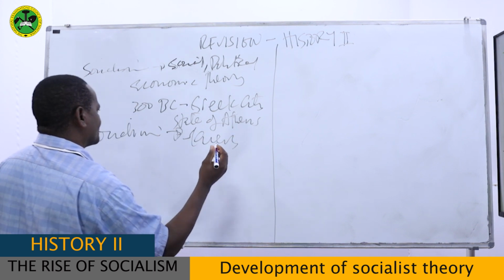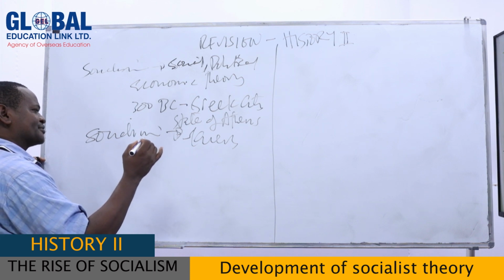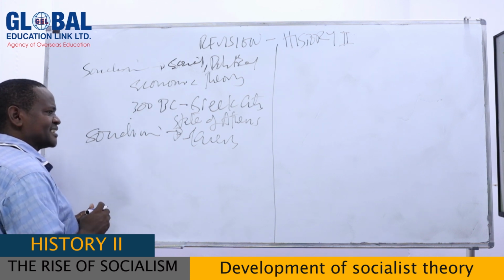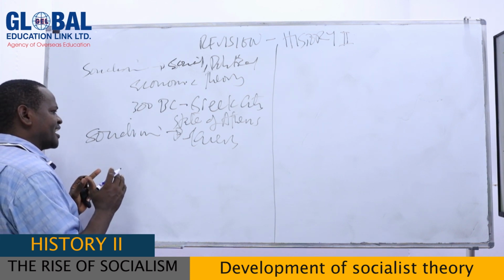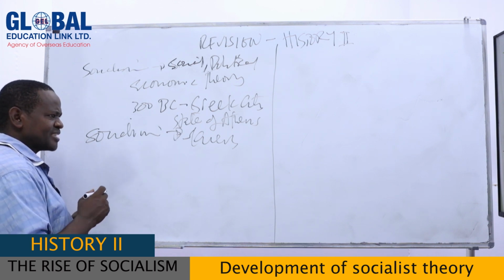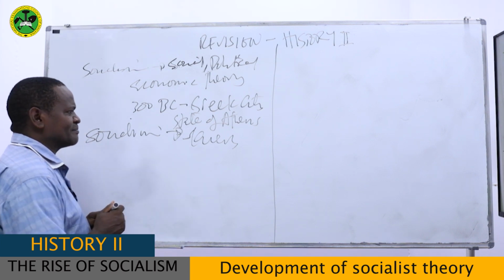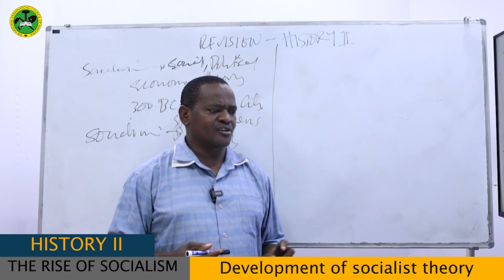So what Plato was proposing was the establishment of an ideal society in a slavery society, whereby personal desire would be given less priority than the state's desire. That is what socialism means, and that is exactly where we can trace its beginning.